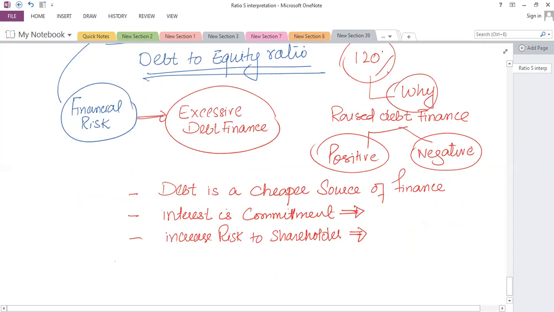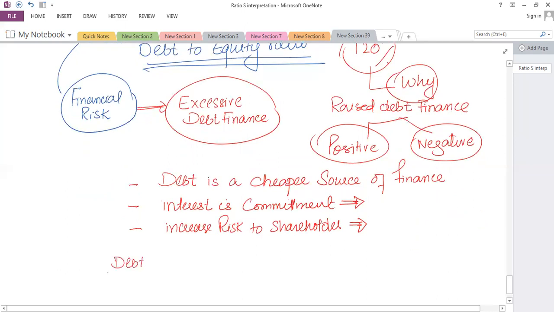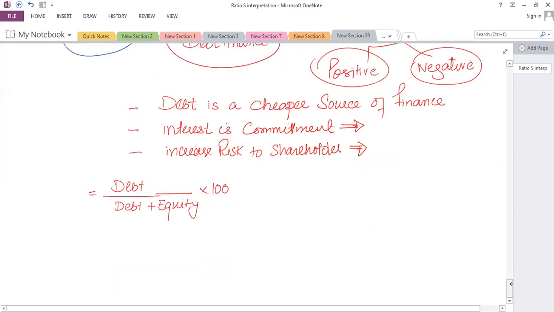The next version of this is debt divided by debt plus equity. That is the total financing. This is another side of the gearing ratio, and here you compare your debt with the total.